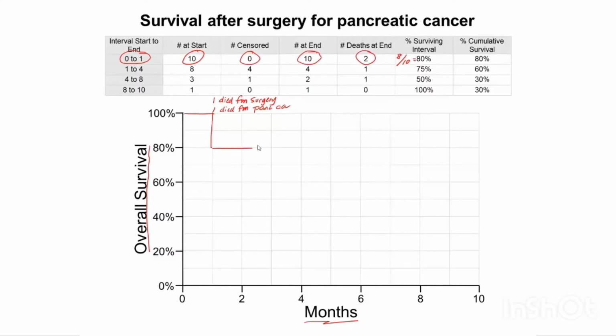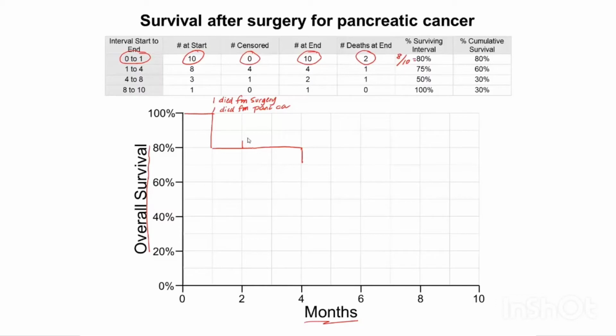The next interval will be from 1 month to 4 months. Now, it turns out in that interval, nobody died. The reason we pick 1 month to 4 months is because there was 1 death at the end of that interval, but several other things happened. At the 2-month mark, 1 patient showed up to clinic, but never came to clinic again, and we don't know what happened to them.